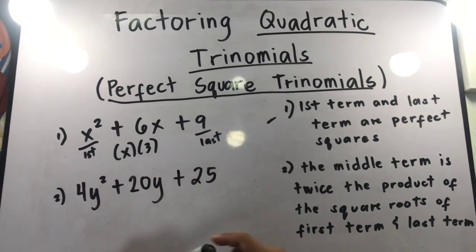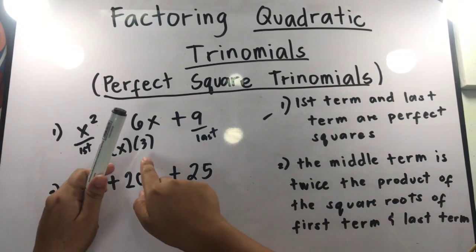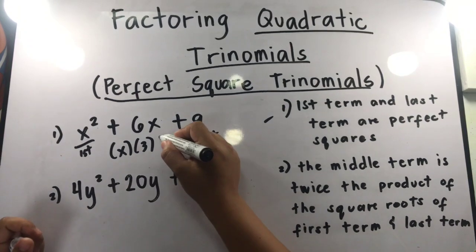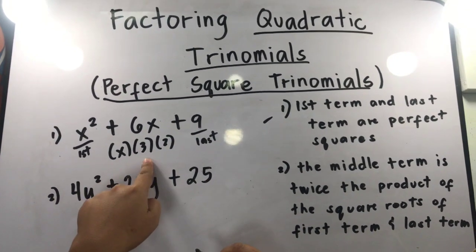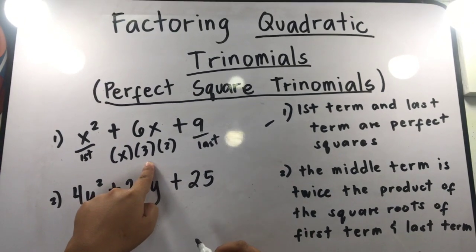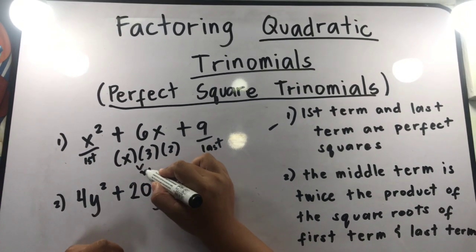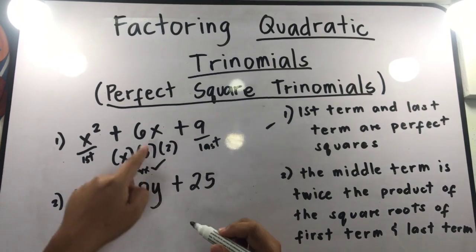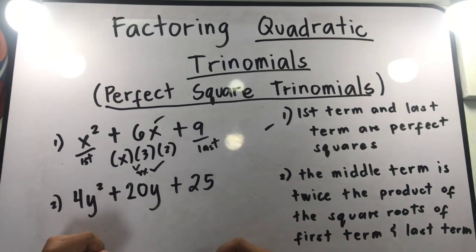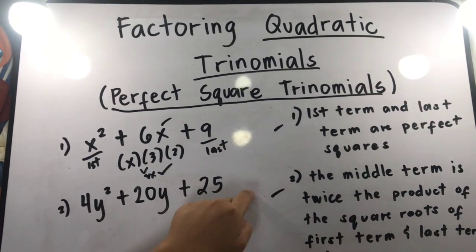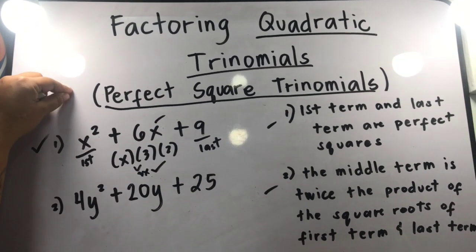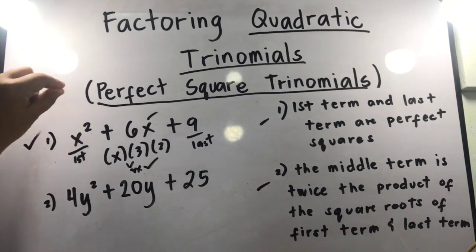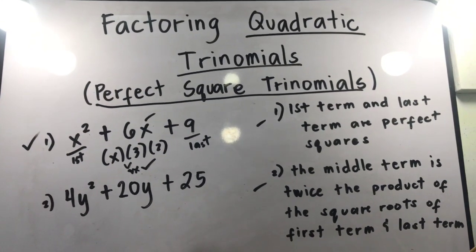And sabi, it is twice. So, simply multiply these square roots by 2. So, x times 3, that is 3x. 3x times 2 is equal to 6x. So, ibig sabihin, since nasatisfy niya yung dalawang condition, this is an example of perfect square trinomials. Try naman natin yung pangalawa.